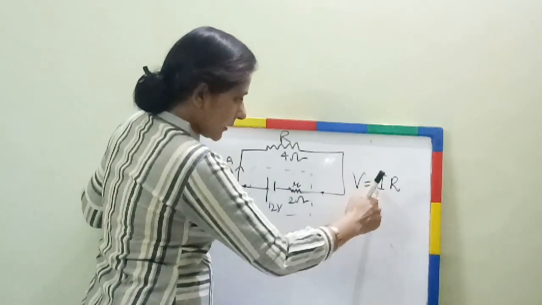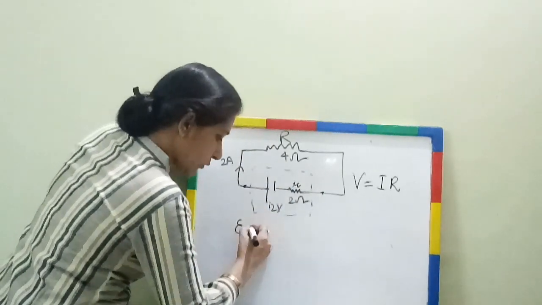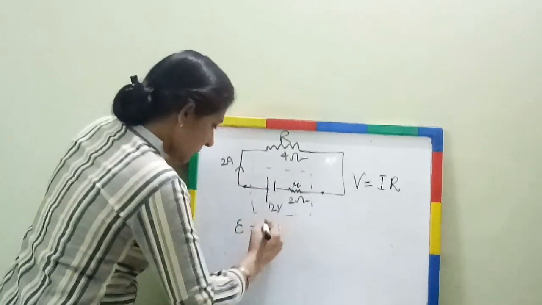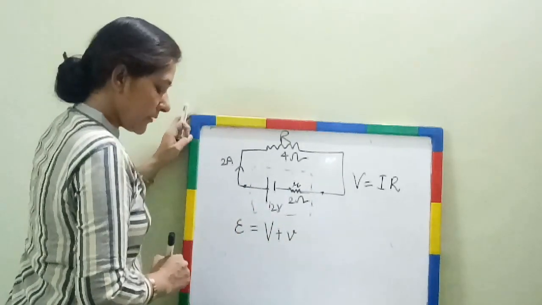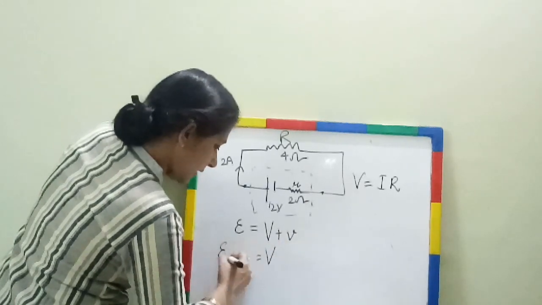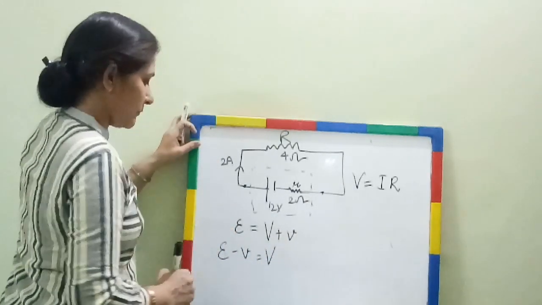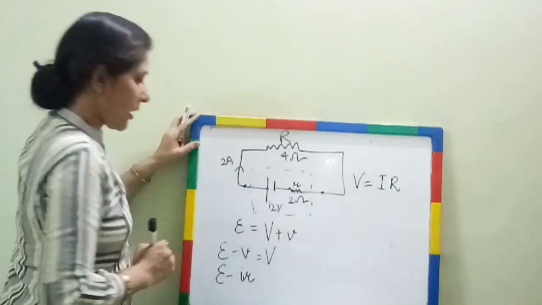This V can be written as IR, and the previous one we can say E is equal to V plus small v. Or we can say V is equal to E minus v. This can be written as E minus I into r.